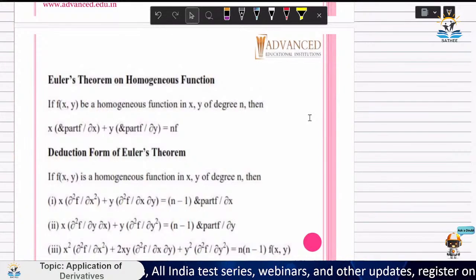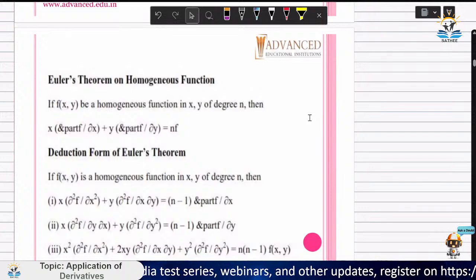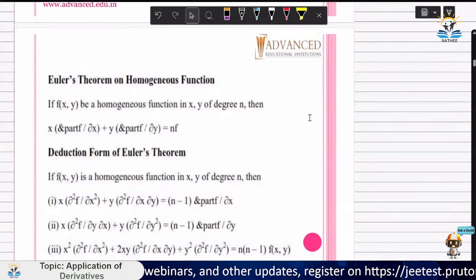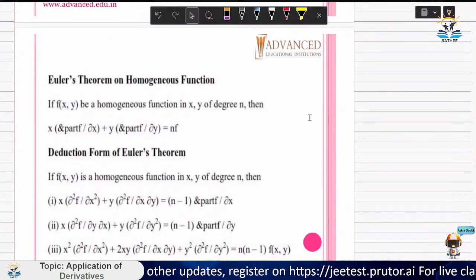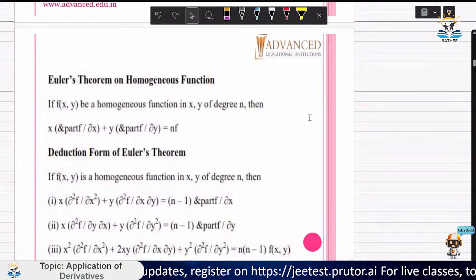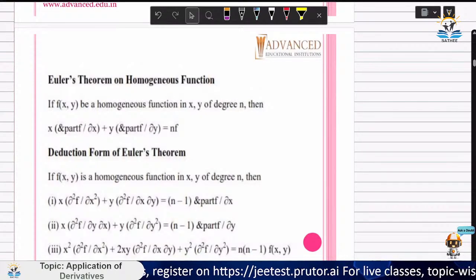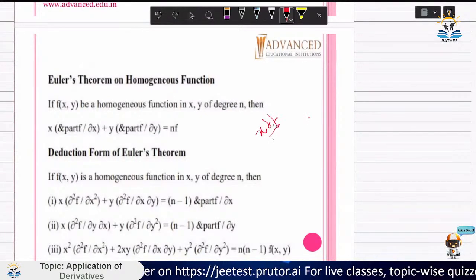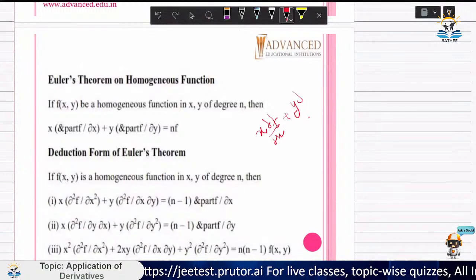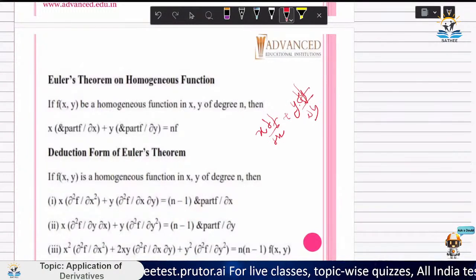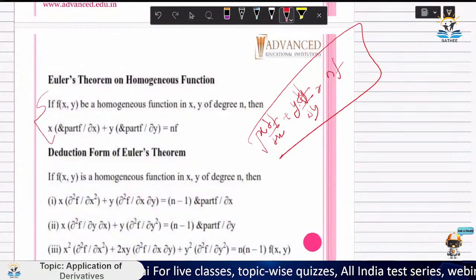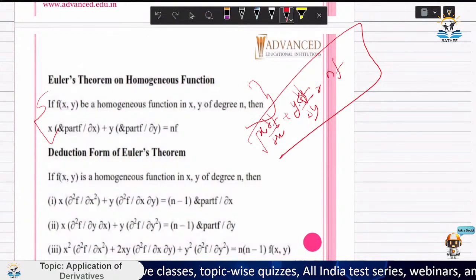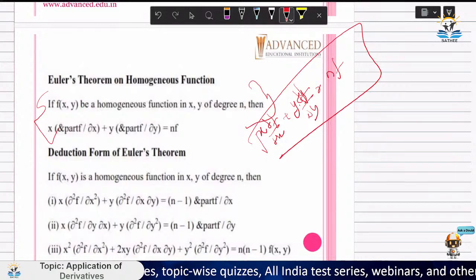Euler's theorem states that if f of x and y is a homogeneous function in x and y of degree n, then x del f by del x plus y del f by del y is equal to nf. This is not that usable an equation. You might find some uses there, but not always.